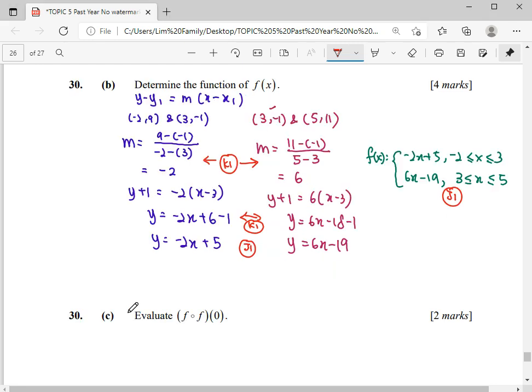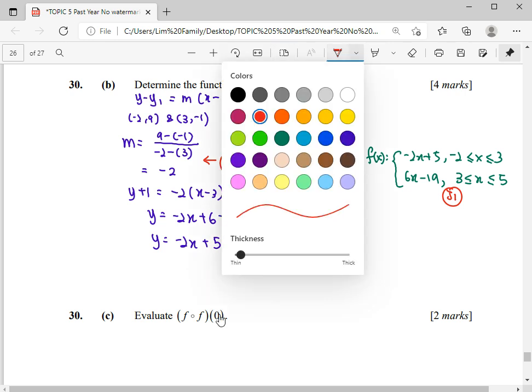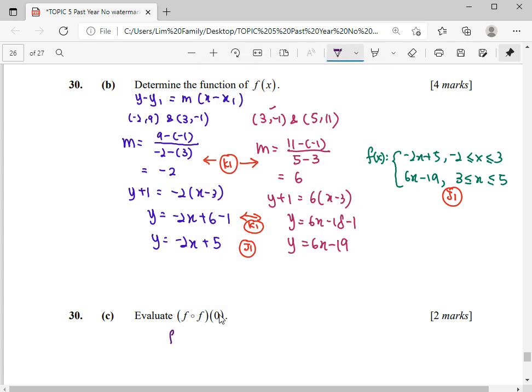For the next part, 3(c), evaluate f(0). So they ask us to find the composite function for the value of x is 0. So for x is 0, we are going to substitute into our function here. But the problem is our function is piecewise.